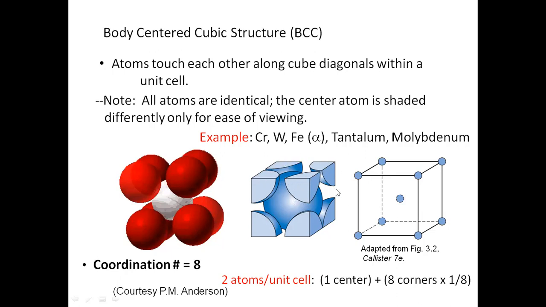These corner ones are 8, and they're shared by 8 lattices. So 8 times 1/8. Each lattice here has 1/8 of the atom. So you have 8 times 1/8, which gives us 1. So you have 1 plus 1. In short, you have the one body plus these corners. When you put these small pieces together, they make up 1 atom.